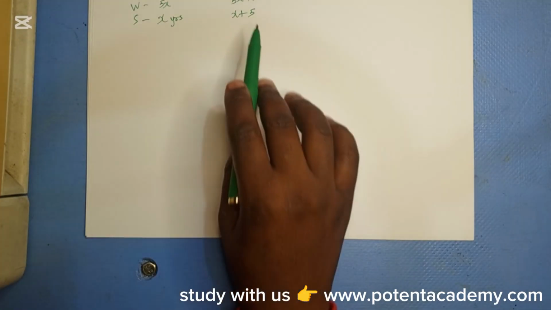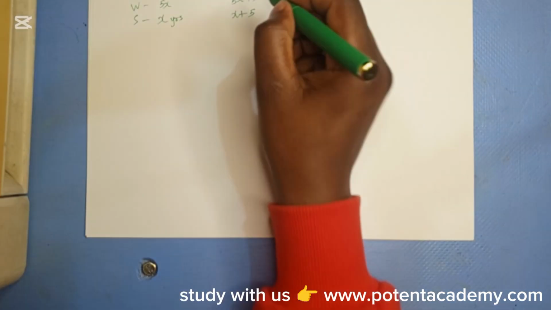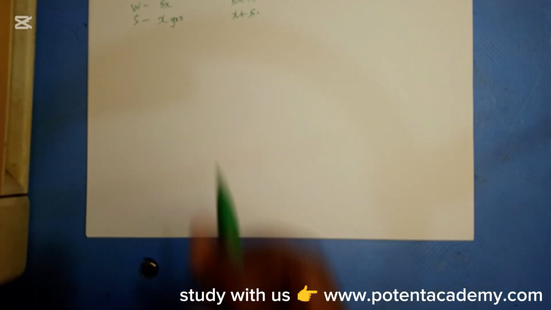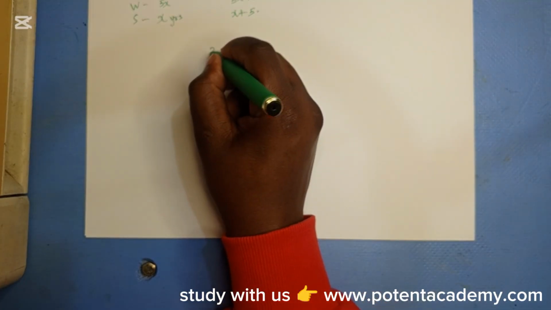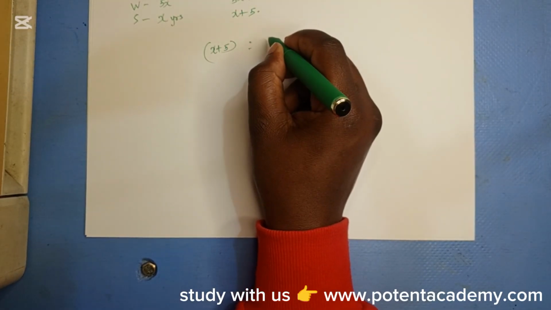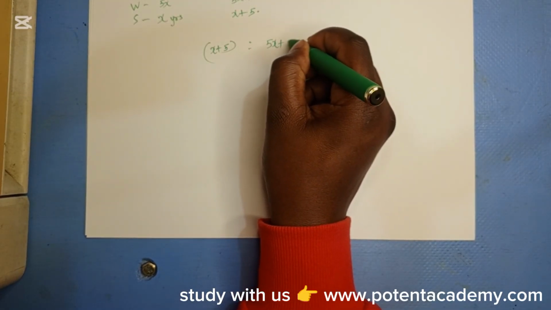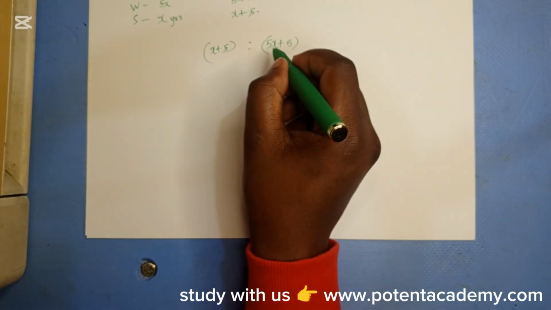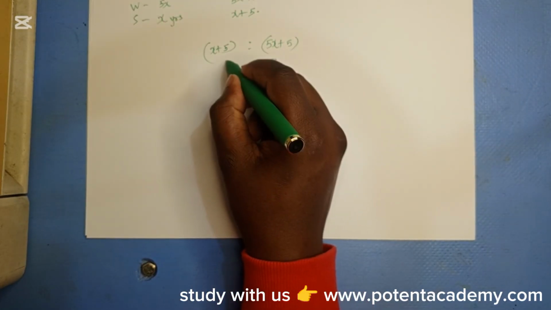Everyone has 5 years added on them. Then you are told the relationship between x plus 5 and 5x plus 5: that the ratio is 3:1.